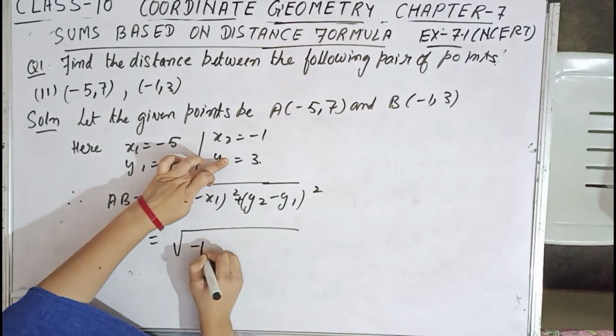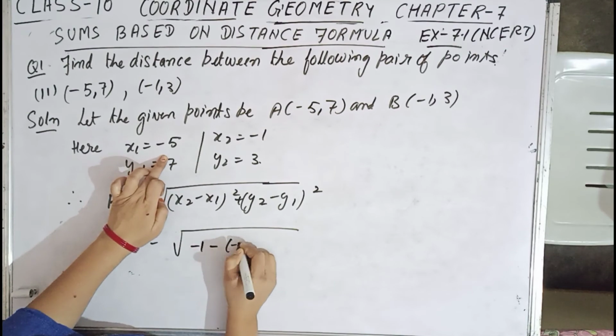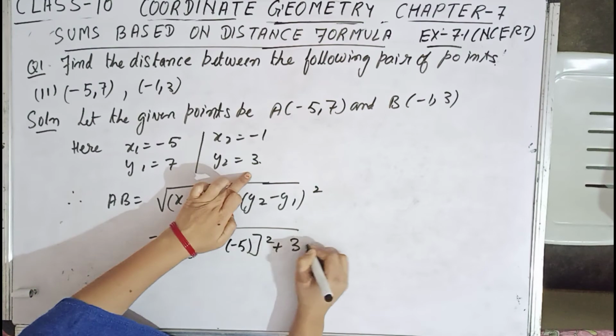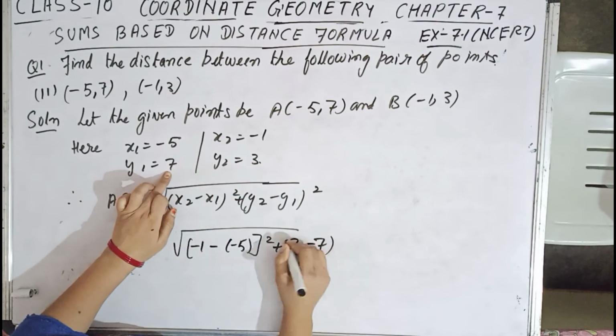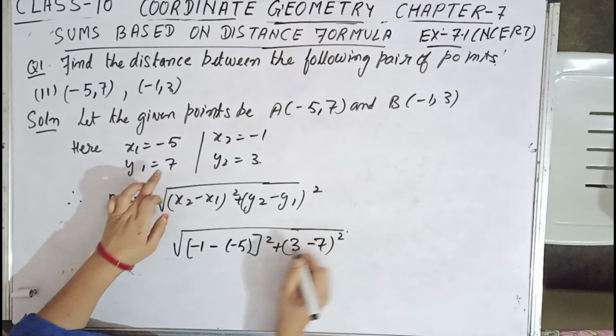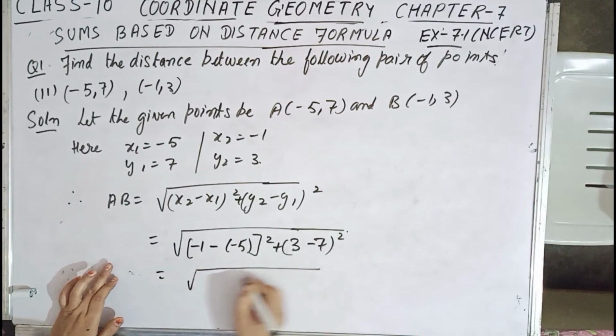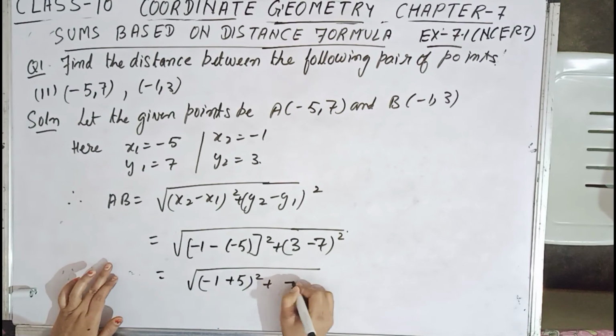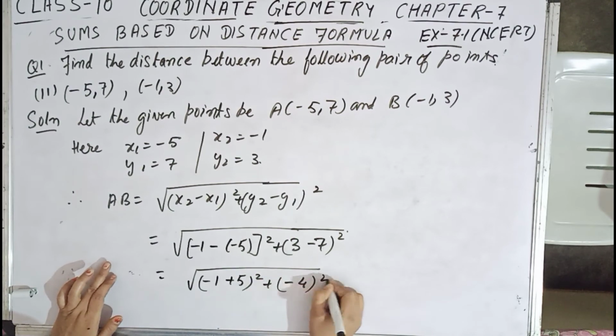The x2 value is -1 minus (-5) whole square, plus the y2 value, which is 3 minus 7, whole square. This will be equal to (-1 plus 5) whole square plus (-4) whole square.